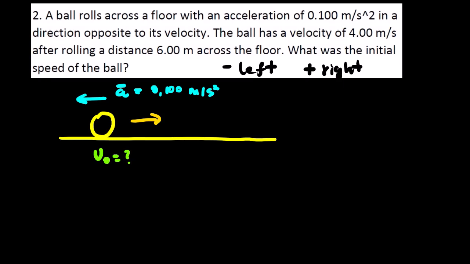And then we know that after some time, actually after a certain distance, which is 6.00 meters, the velocity at that particular point is 4.00 meters per second. So we are looking for the initial velocity. The data is what I've represented on this picture.